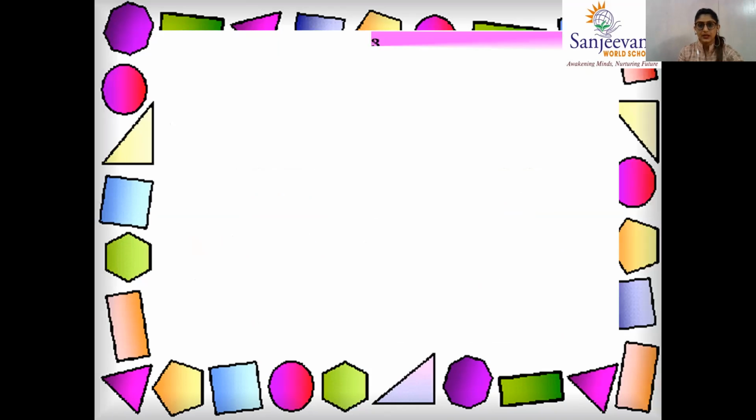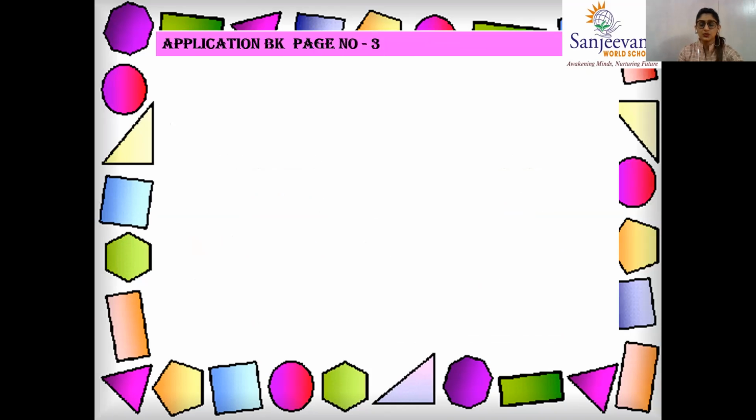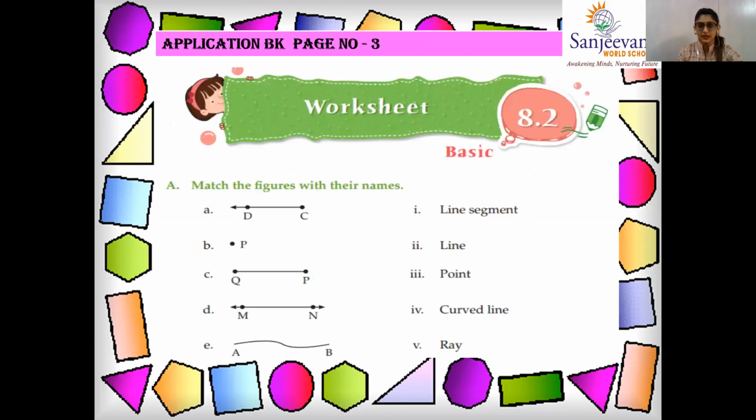Now, let's move on to the next worksheet, page 3, worksheet 8.2. Match the following. Now, you have to identify the figure and match it with the name of it. Let us look at the first figure given to us, that is DC. What do you think DC is?